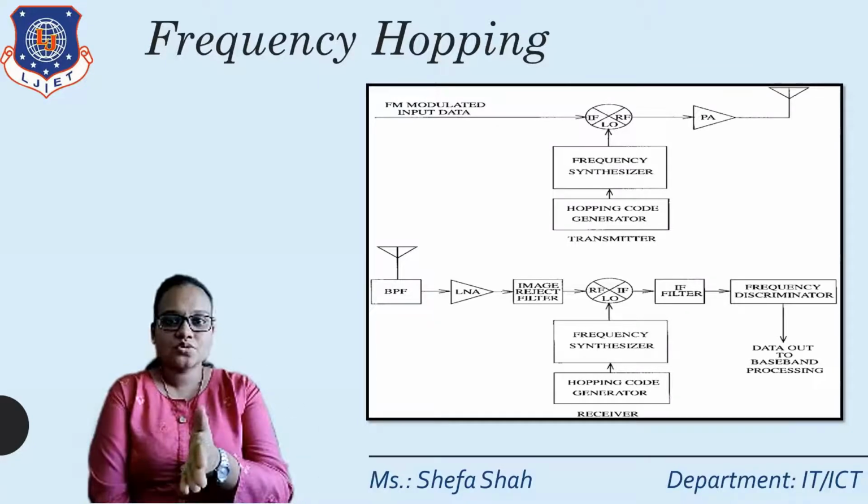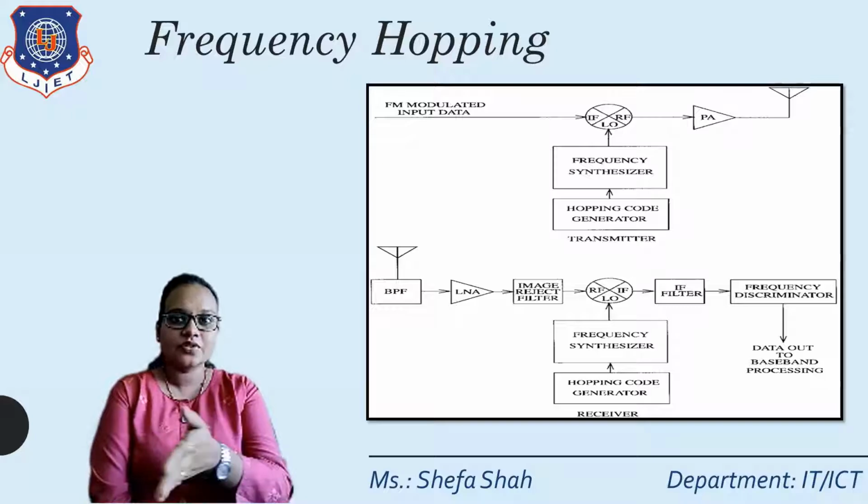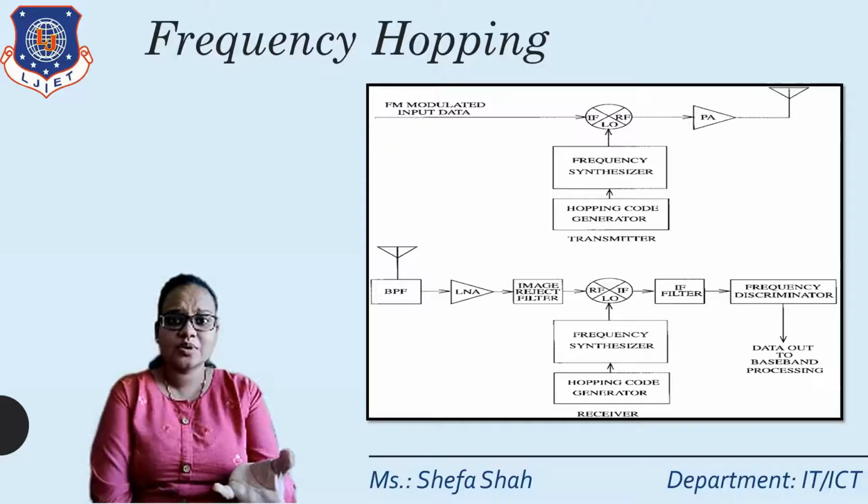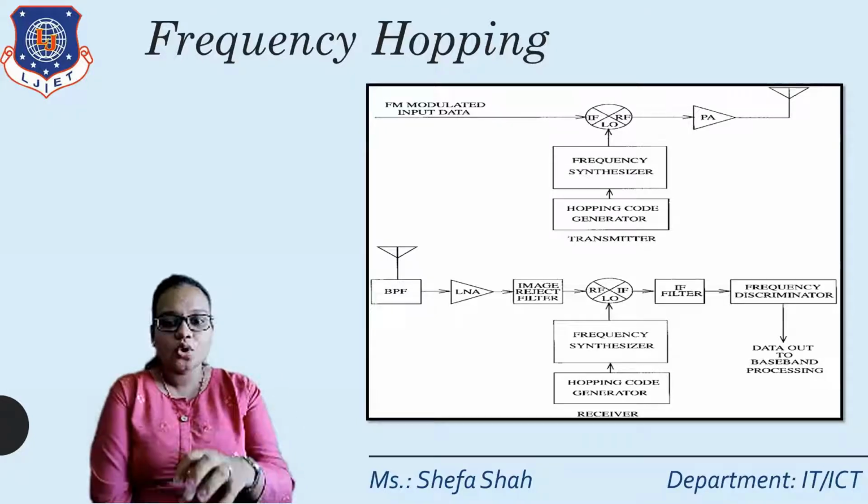It is passed through the band pass filter, then the LNA, which is most important for any receiving block, right? Then it is passed through the image reject filter, so the noise as well as the image frequency which is generated at the modulation side will be rejected. Then again this frequency synthesizer and hopping generator will be applied at the local oscillator.